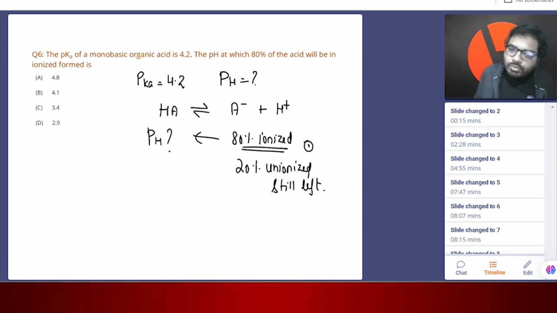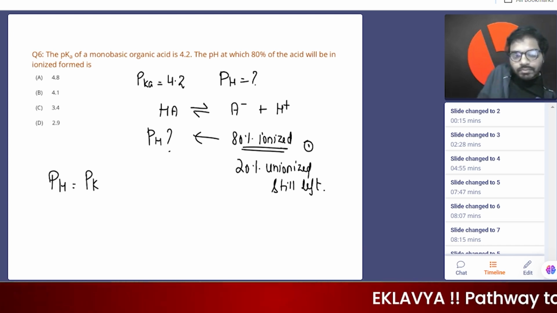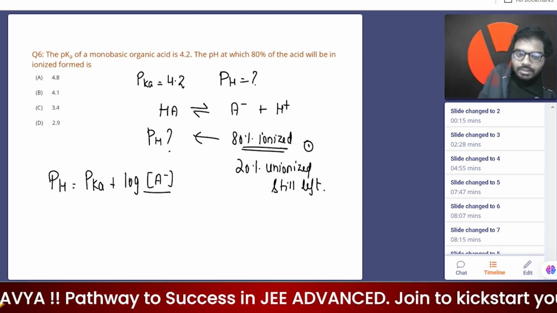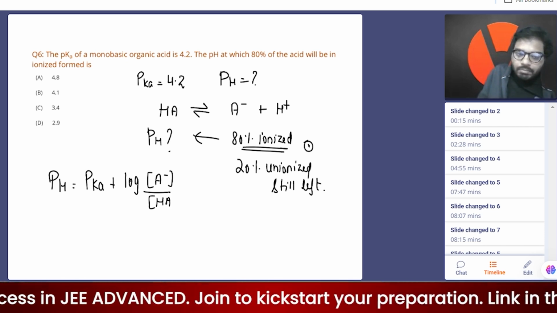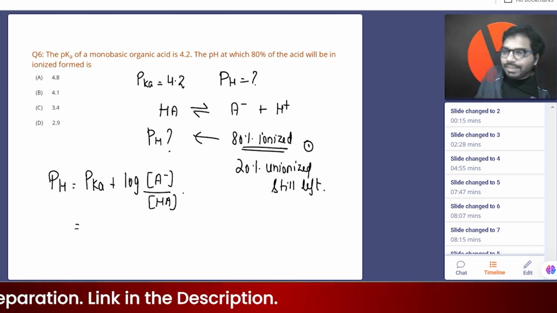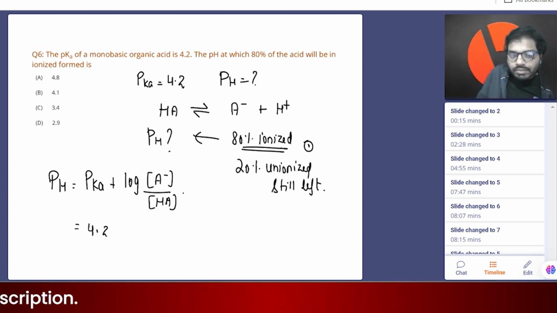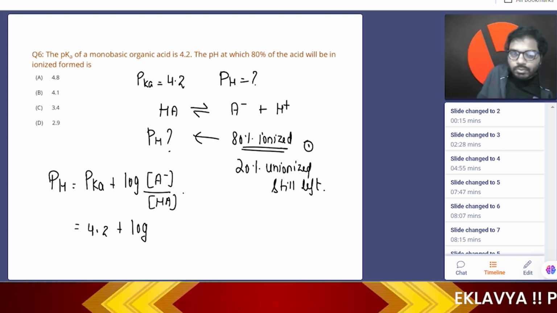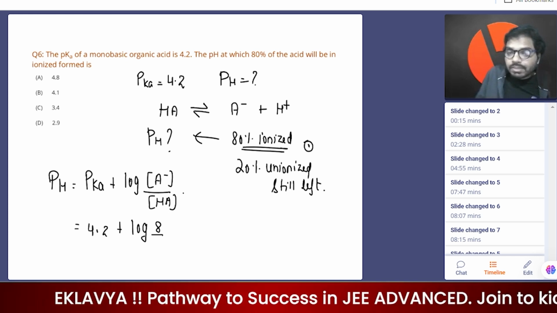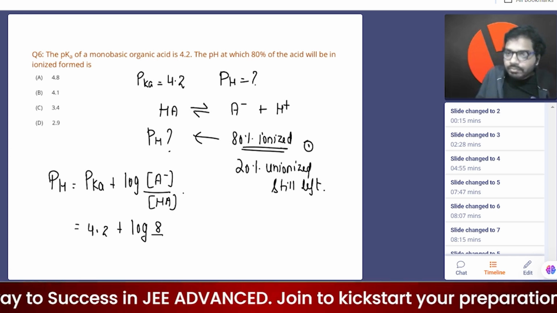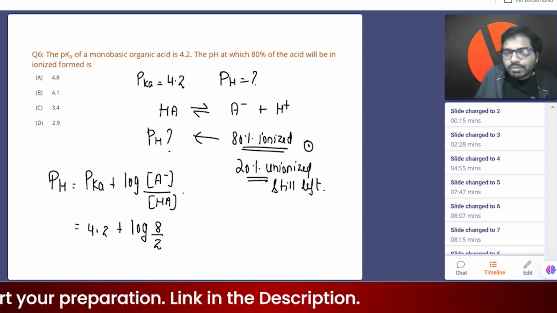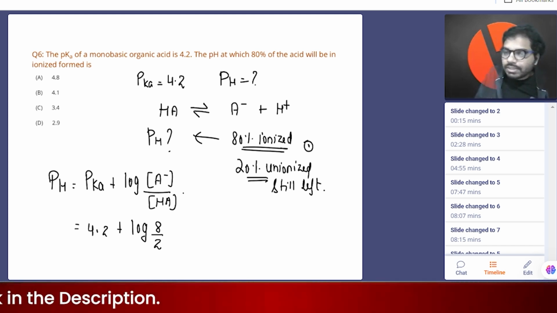We know the formula pH = pKa + log([ionized]/[unionized]). pKa is given here, so I will put the value: 4.2 plus log. The ionized form is 80%, so I write 8 for the ionized form, and 20% is still left as the unionized form.